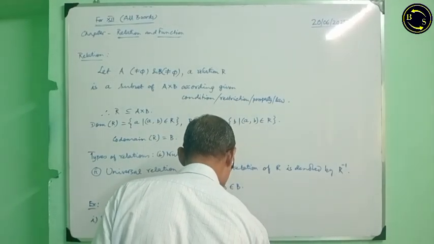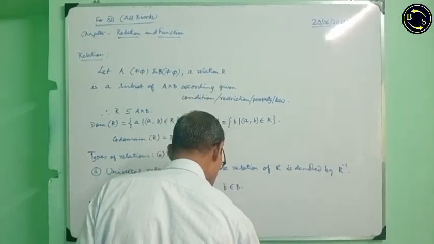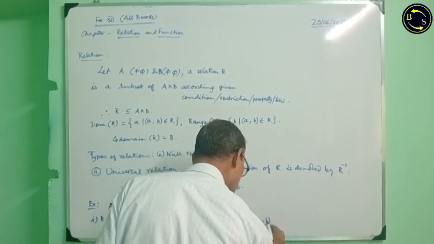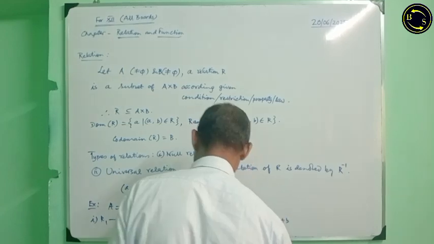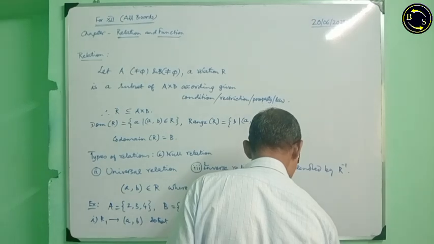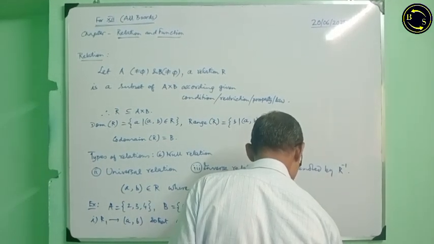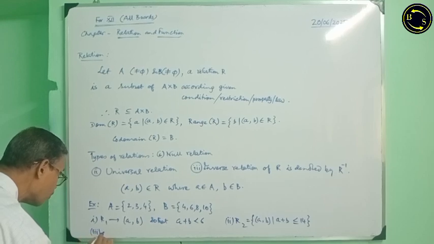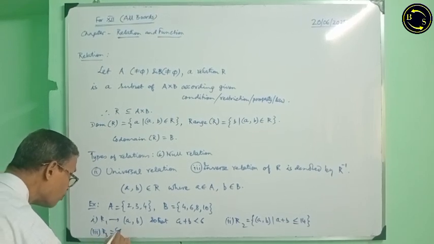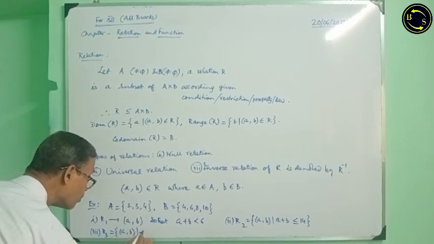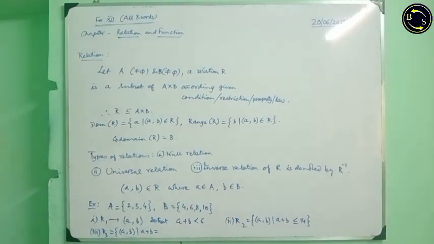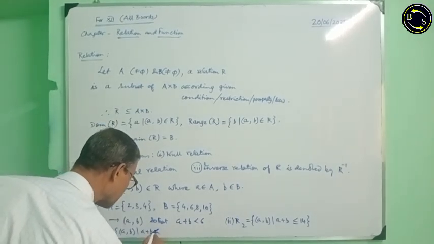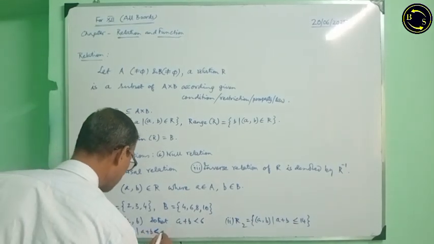Number 2, I write down the conditions, say I take less than 8.